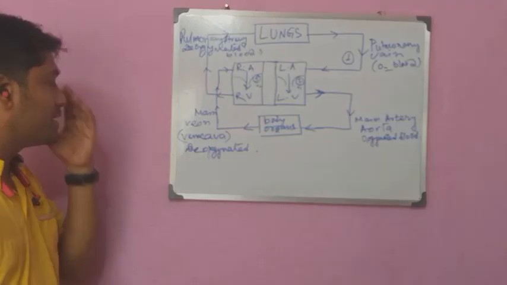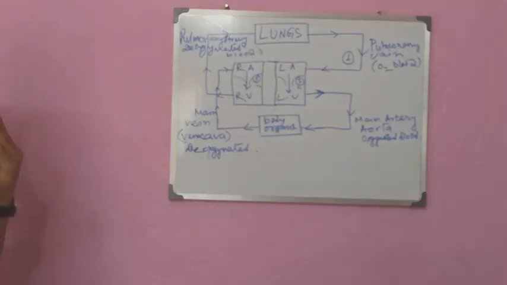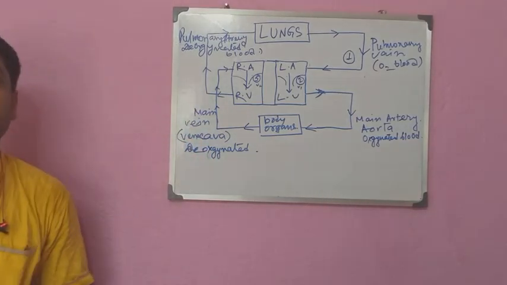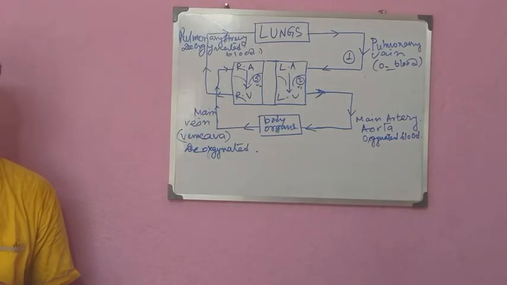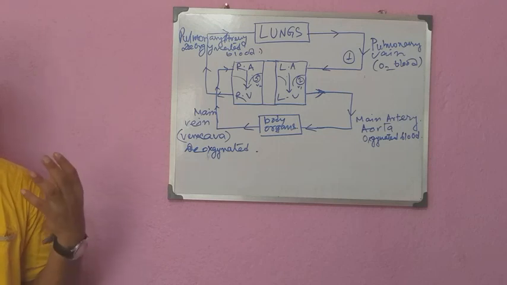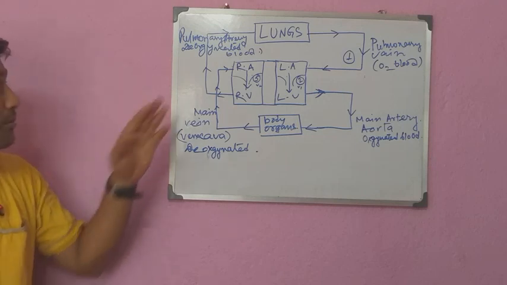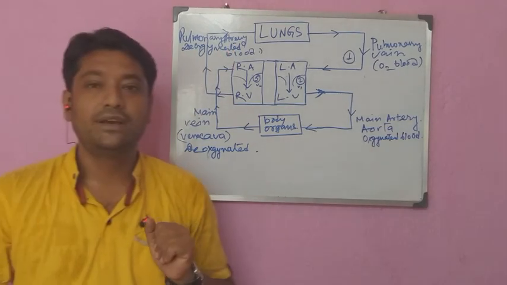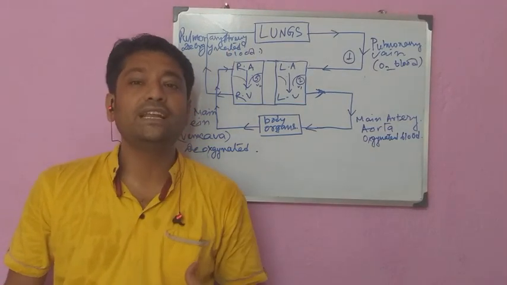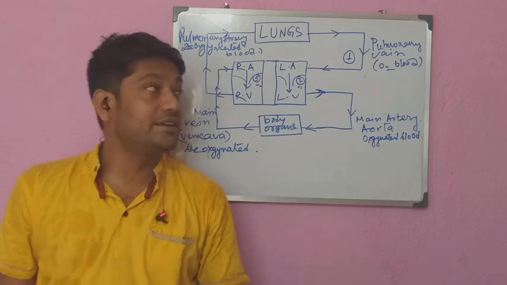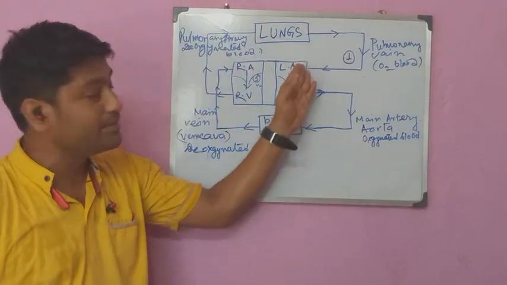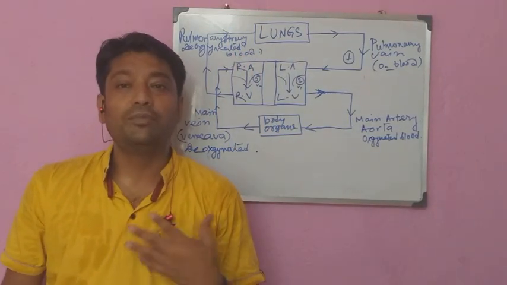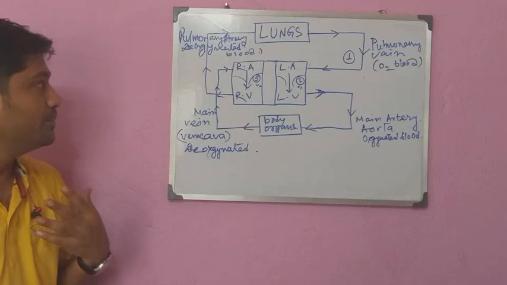After that, the deoxygenated blood comes back to the heart. The blood is again sent to the left atrium by the pulmonary vein to be circulated in the body.